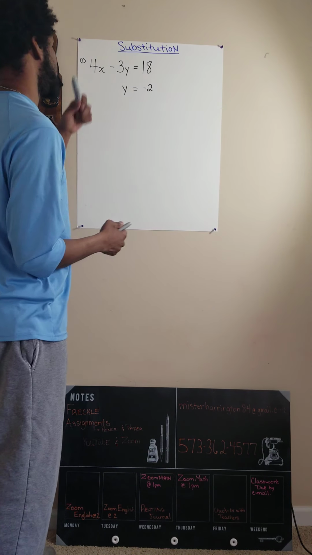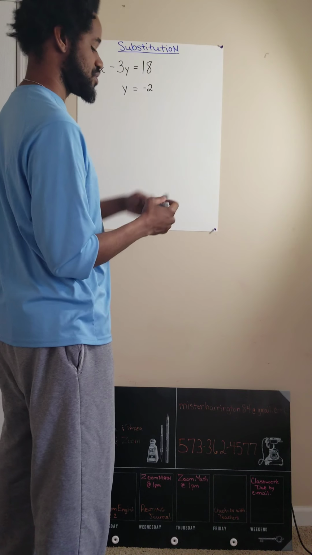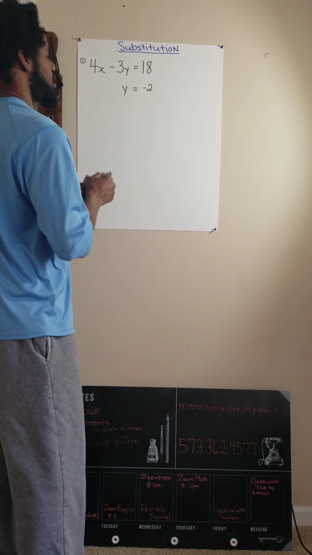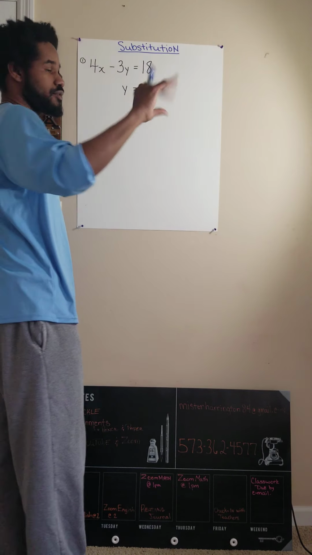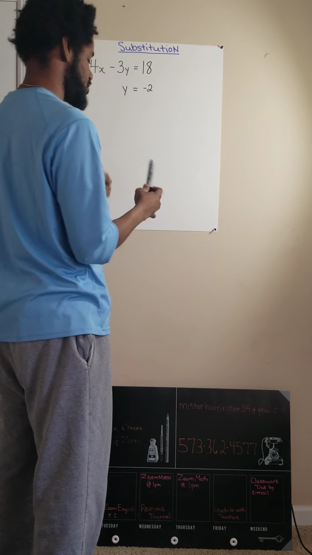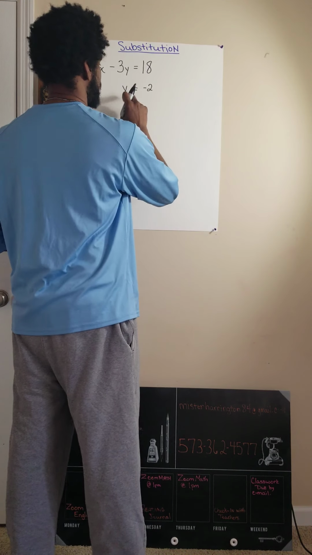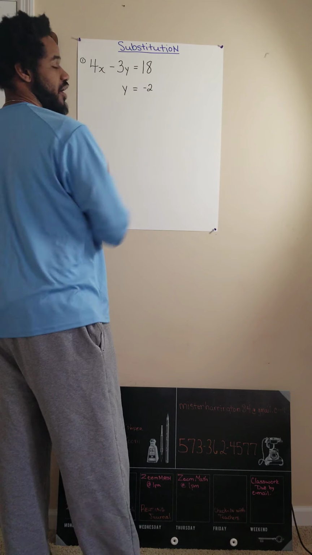So, again, 4x minus 3y equals 18, y equals -2. I'm going to use blue for my y. Whenever you have this, especially if it's by itself, you're going to rewrite the equation with your answer here.